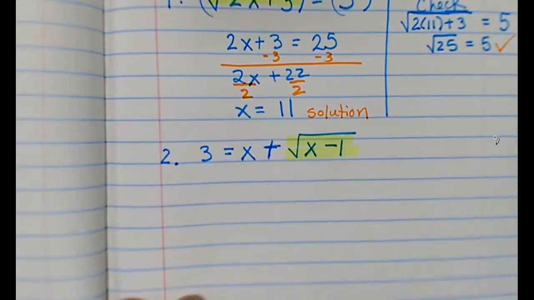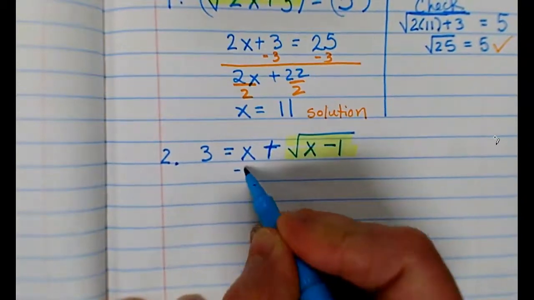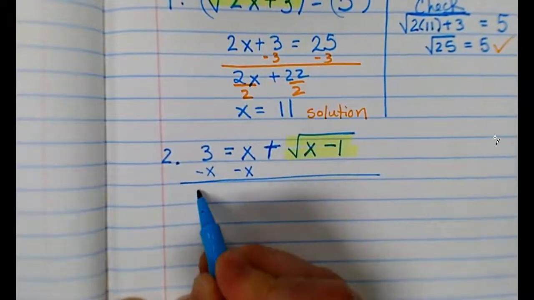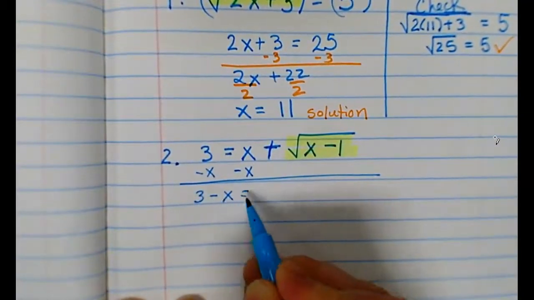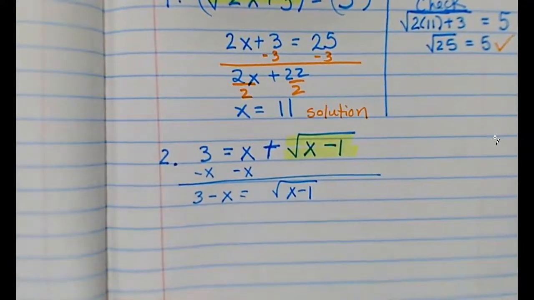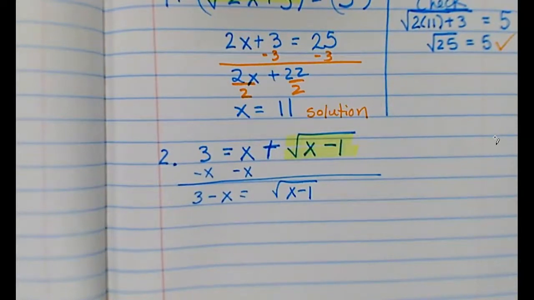And so I need to subtract x from both sides of the equal sign so that the square root of x minus 1 is on one side of the equal sign by itself.